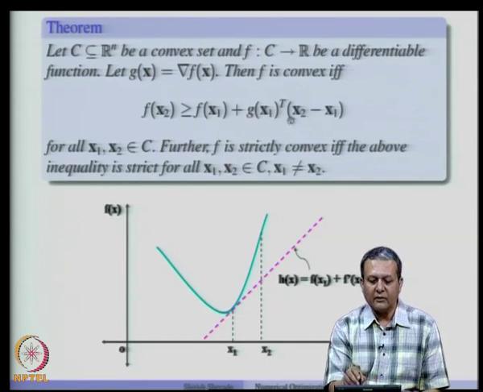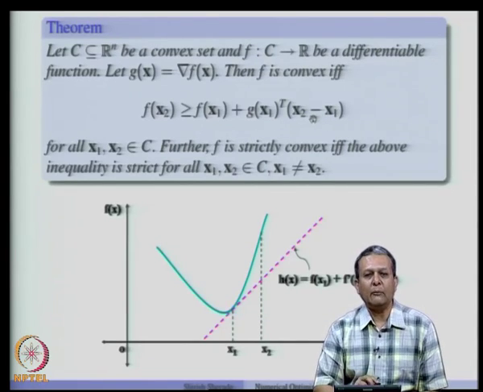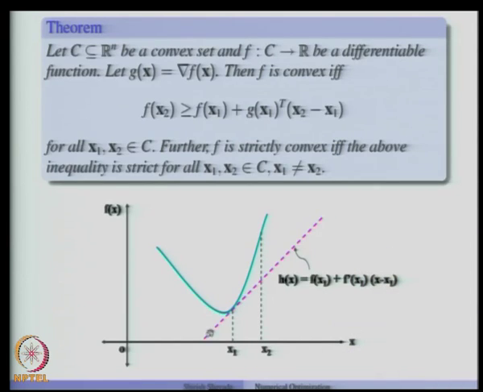The right hand side, f(x1) plus g(x1) transpose (x2 minus x1), indicates the affine approximation of the function at x1. So, if we take a point x1 and take an affine approximation of the function, shown by the dotted dashed magenta line here, this is an affine approximation of the function f at x1.